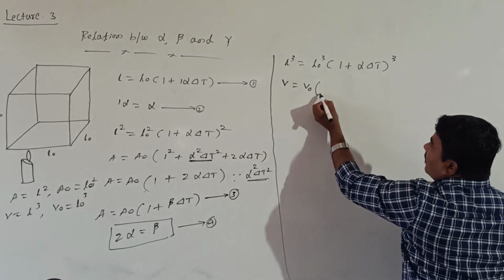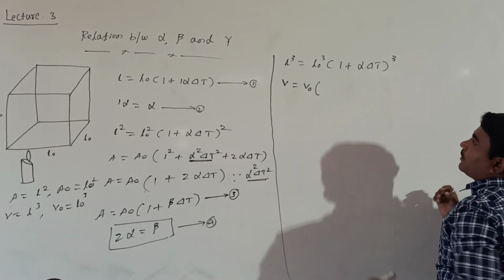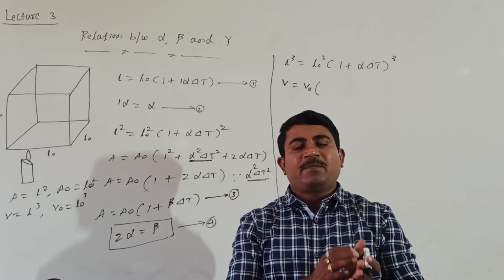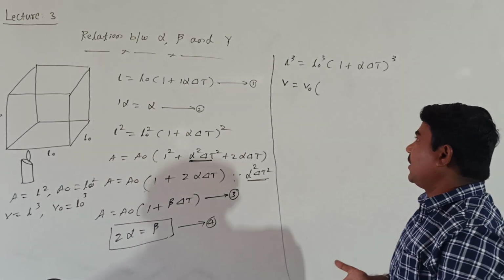See here, what form is this? A plus B whole cube form. How to write?